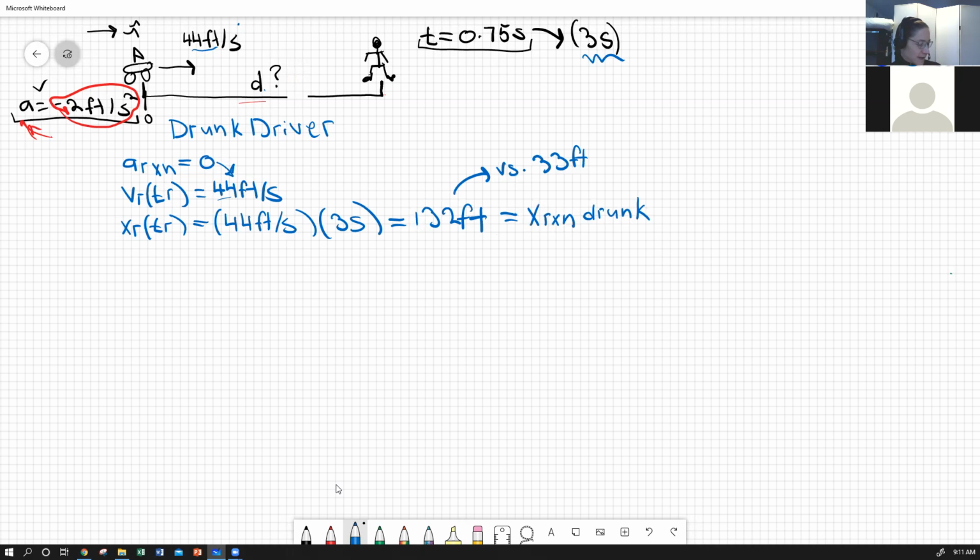Now, remembering that the deceleration distance, get that spelled right, decel. Just because I'm shortening it doesn't mean it shouldn't be spelled right. The deceleration distance for the normal driver was 484 feet. What's the deceleration distance for the drunk going to be?